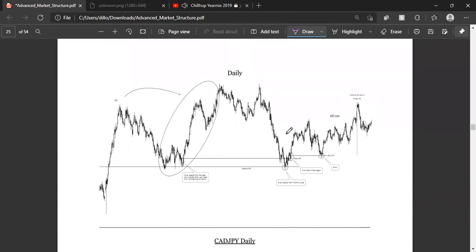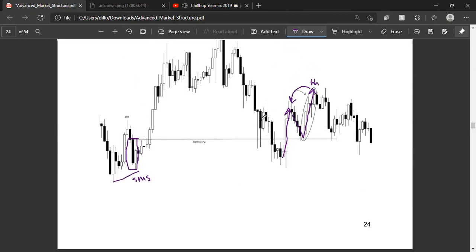So you see we went from the monthly and now we're on the daily, right? We're on the daily time frame. So here's that rejection, right? Right here. And then we're looking at this huge break of structure.